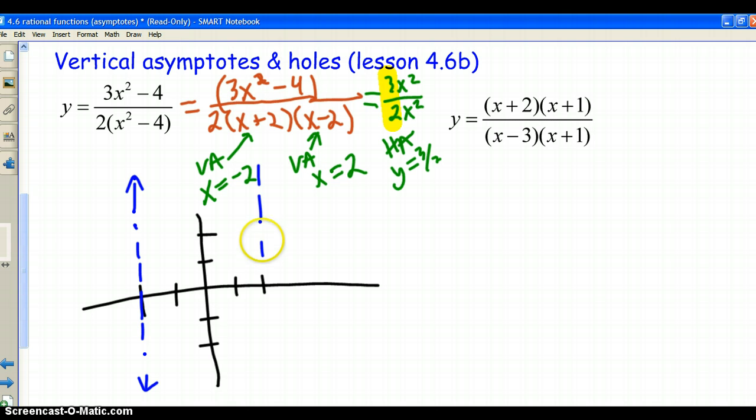There are two vertical asymptotes, so it's possible to have two vertical asymptotes, and then at 1.5, somewhere around here, I've got my horizontal. That was really bad. Okay, try to get that straight. That's a little rough there. Okay, so you're getting the idea.